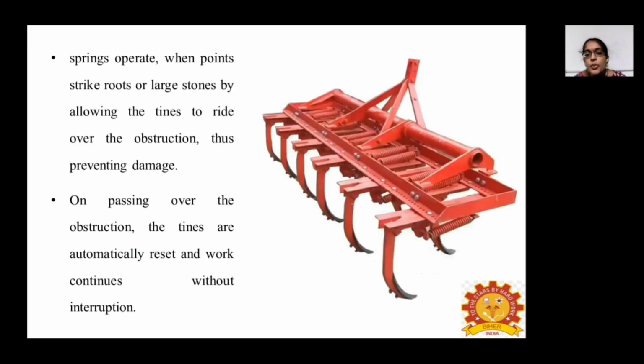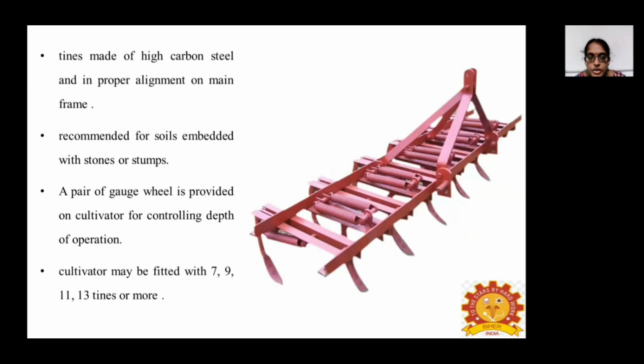The spring operates when the tines strike roots or large stones, allowing the tine to ride over the obstruction. That's why it helps to prevent damage. On passing over the obstruction, the tine will automatically reset, and work will continue without interruption.